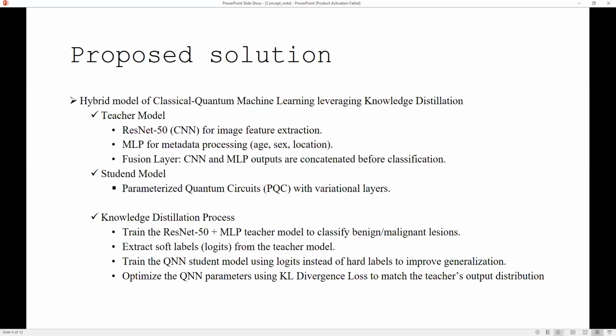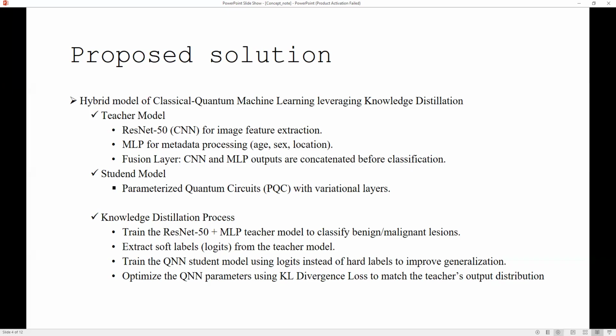After processing the input data, let's say our image data and metadata, it sends the logits, the outputs of our classical model, to the quantum model. The quantum model then does more analysis on this information, which improves the accuracy and quality of prediction.